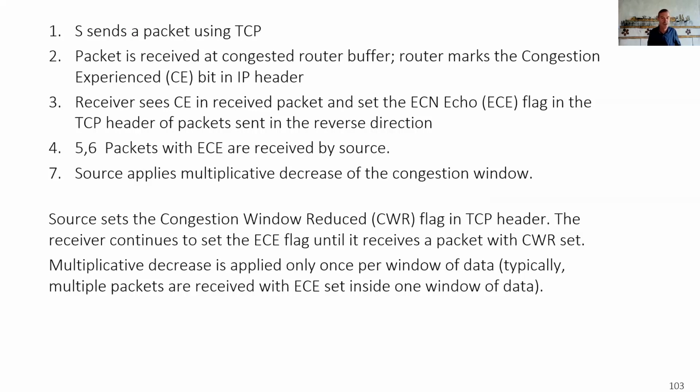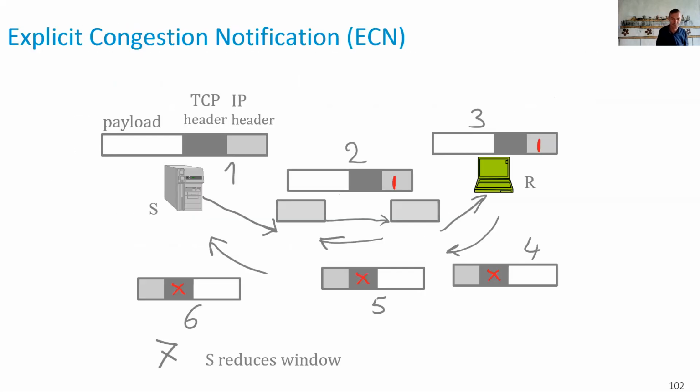So if you're not using ECN, of course, the router should know. The router here that is congested should know whether this packet should be marked or not. If I am congested and I see a packet that does not follow ECN, then the only mechanism I have to signal to S that it should reduce its rate is to drop the packet.